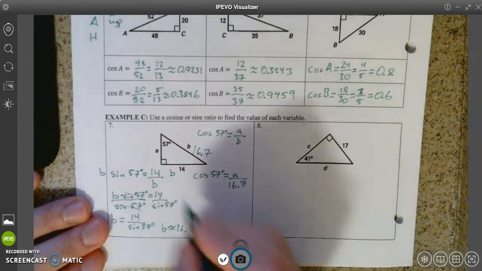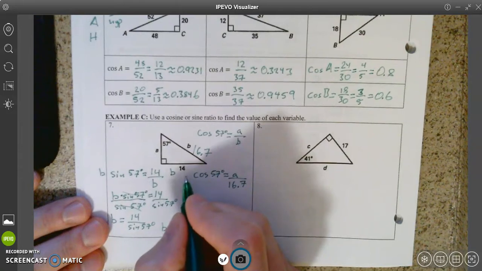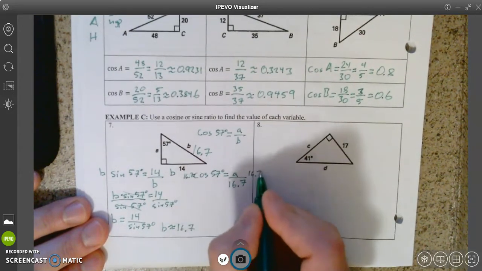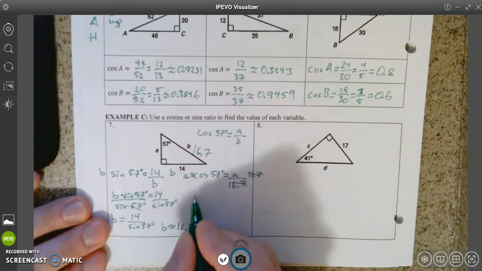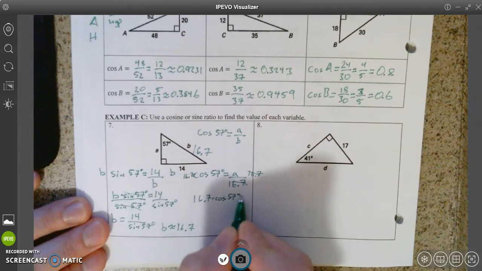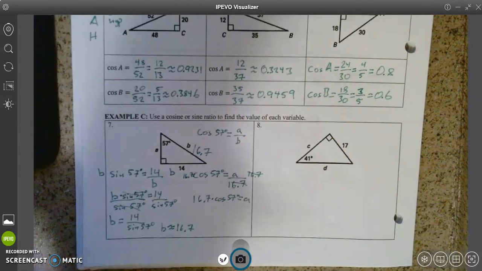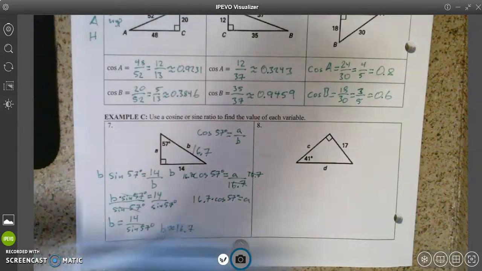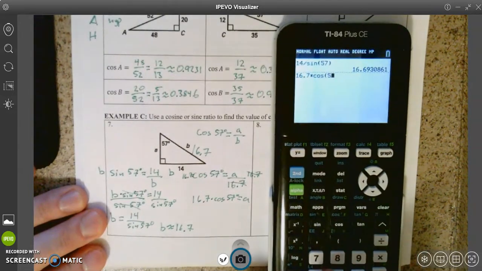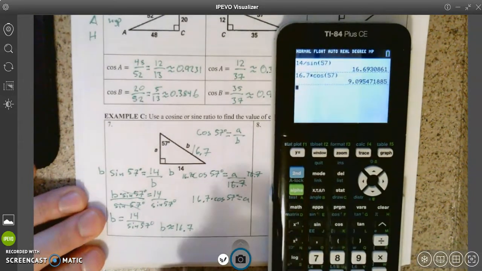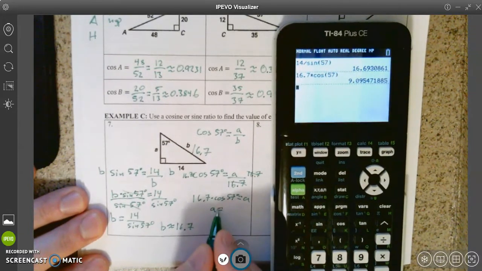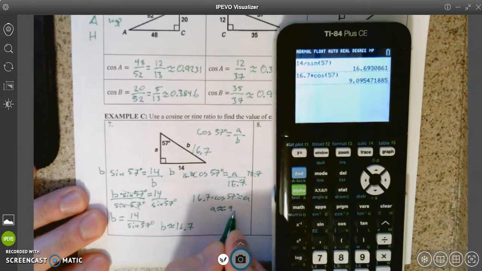So if I multiply 16.7 on both sides, running out of room, 16.7 times cosine of 57 degrees is equal to A. So 16.7 times cosine of 57, and I get 9.1. So A is equal to approximately 9.1.